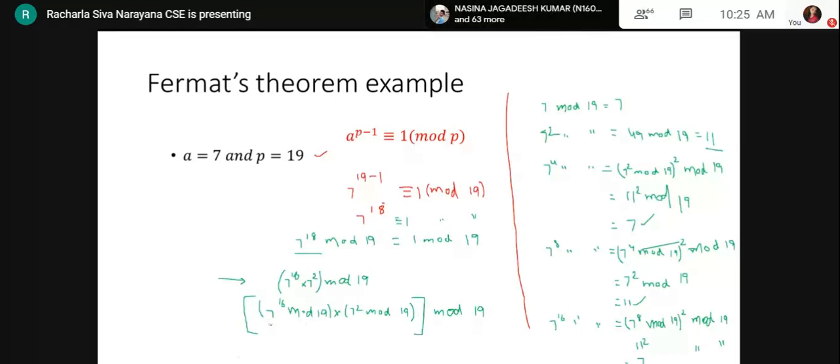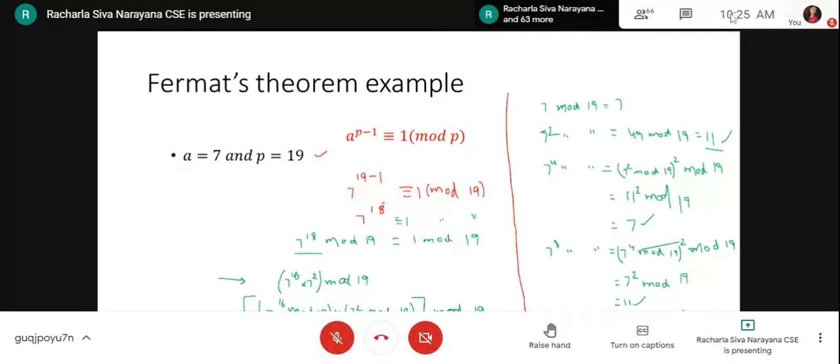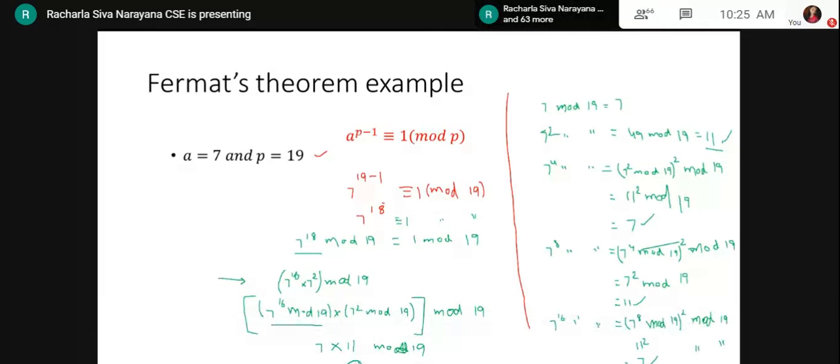Now we know the 7 power 16 mod 19 value is 7, and 7 square mod 19 value is 11. So 7 into 11 is 77, and 77 mod 19 is 1. Here also the answer is 1. So both are the same.